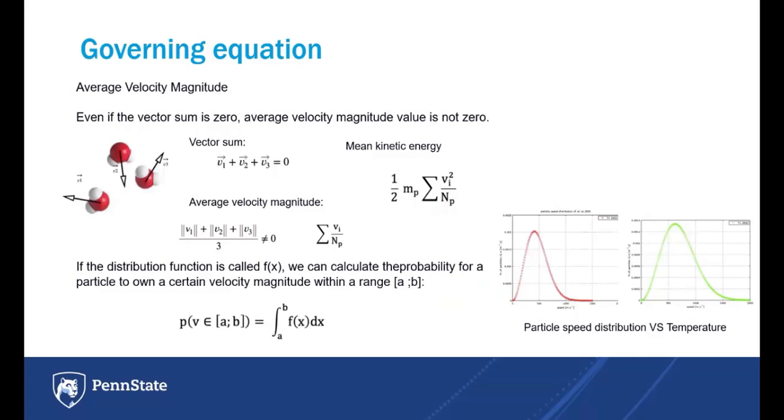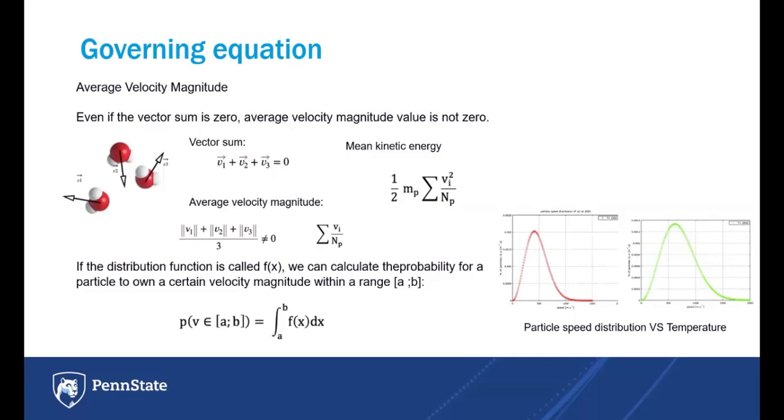And as for how fast the particles are moving, we describe this with a distribution function, written as f. It tells us how many particles have a given velocity at a position.